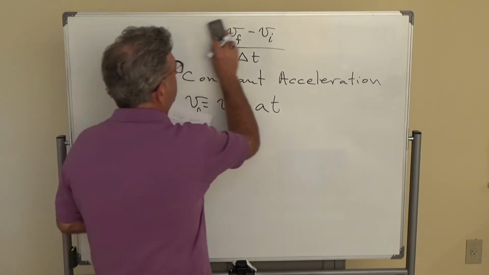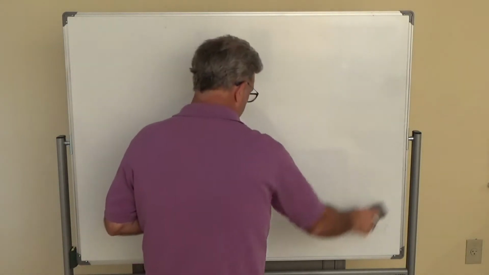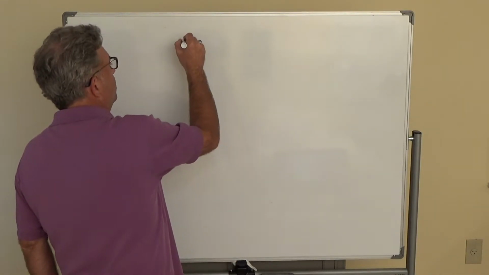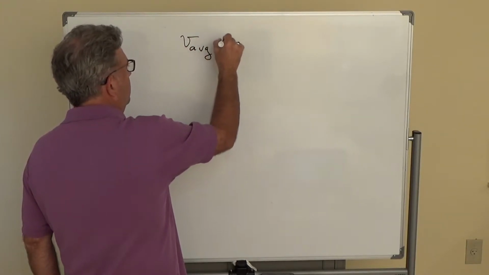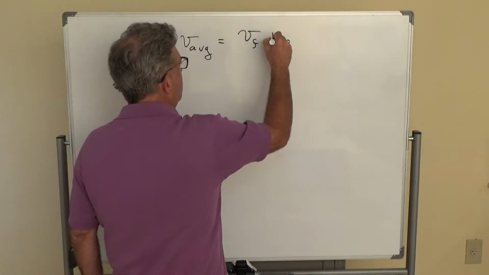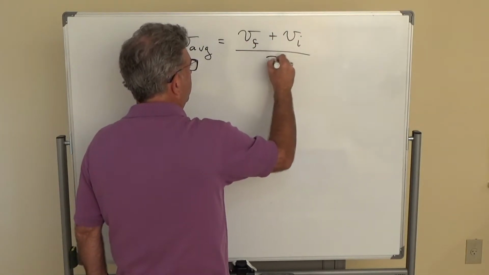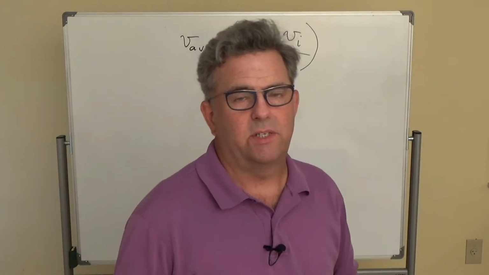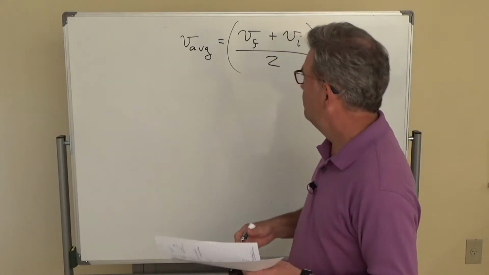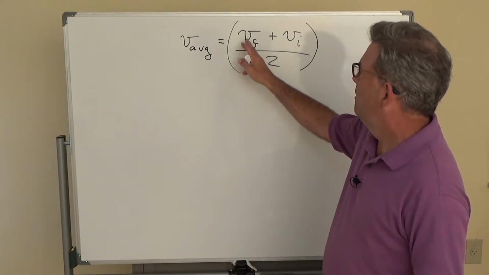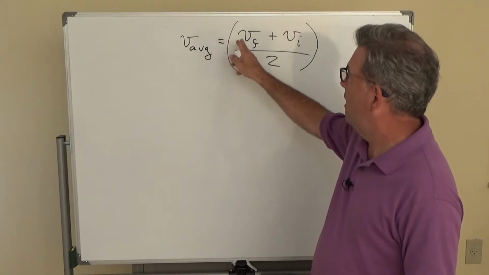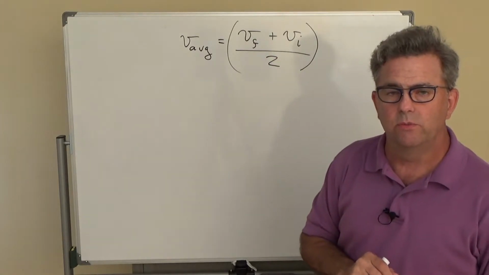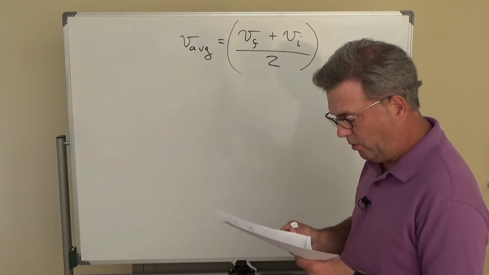Also, and I'm not going to prove this, but maybe it's obvious, maybe it's not. When you have constant acceleration, the average velocity is equal to v final plus v initial divided by 2. If you have a constant acceleration situation and you want to know the average velocity, you can find it by adding the final velocity and the initial velocity and dividing by 2, just like you would average any two numbers.